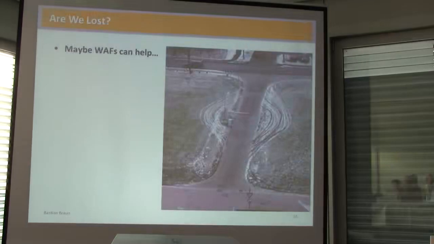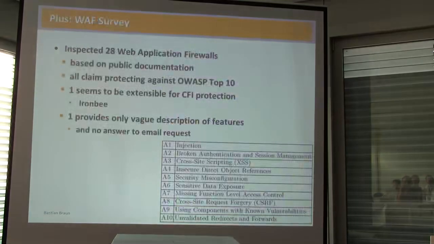So the question is, are we lost already, or is there still hope? We had afterwards a different idea. Maybe it is possible to protect with web application firewalls. Maybe they help and are the silver bullet against all these attacks. Unfortunately, I can tell you they are not.